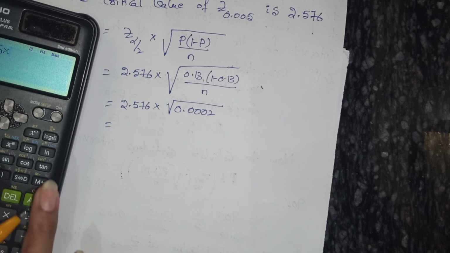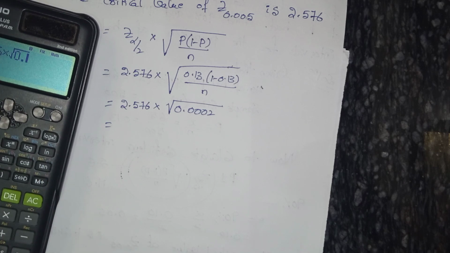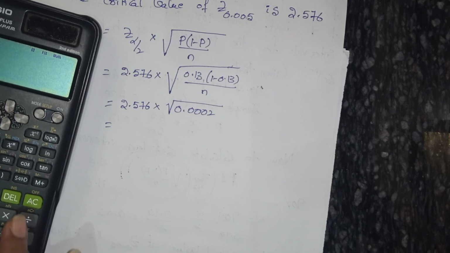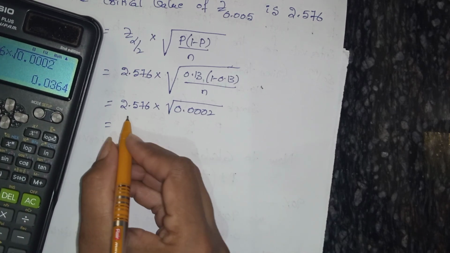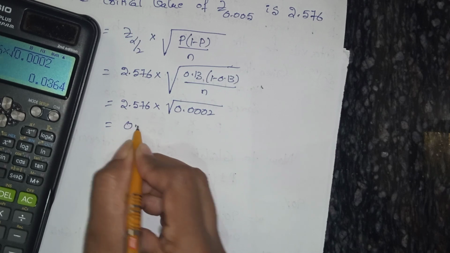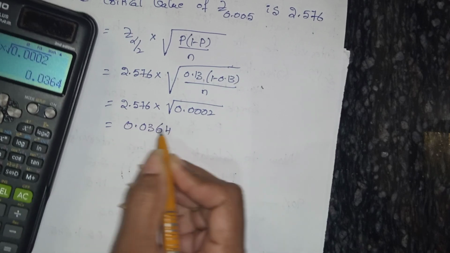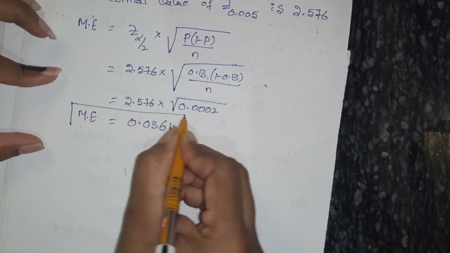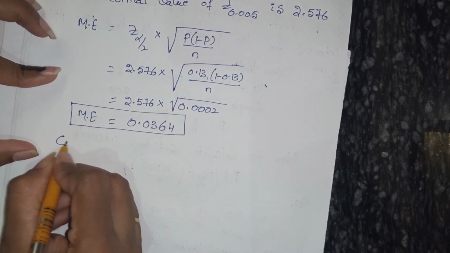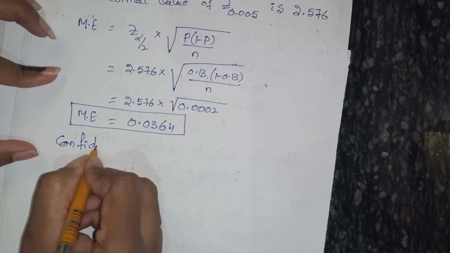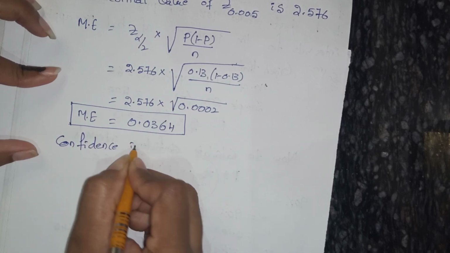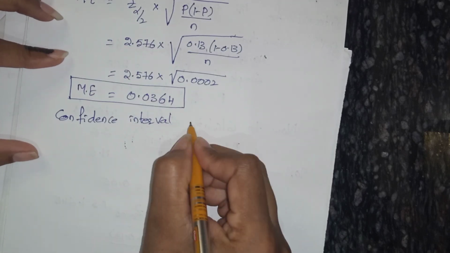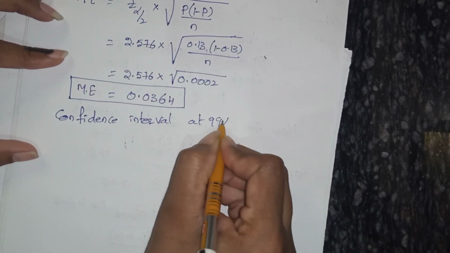How much did we get here? 0.0364. This is the margin of error. Now we have to calculate the confidence interval, or we can also call it confidence limits, at 99%.